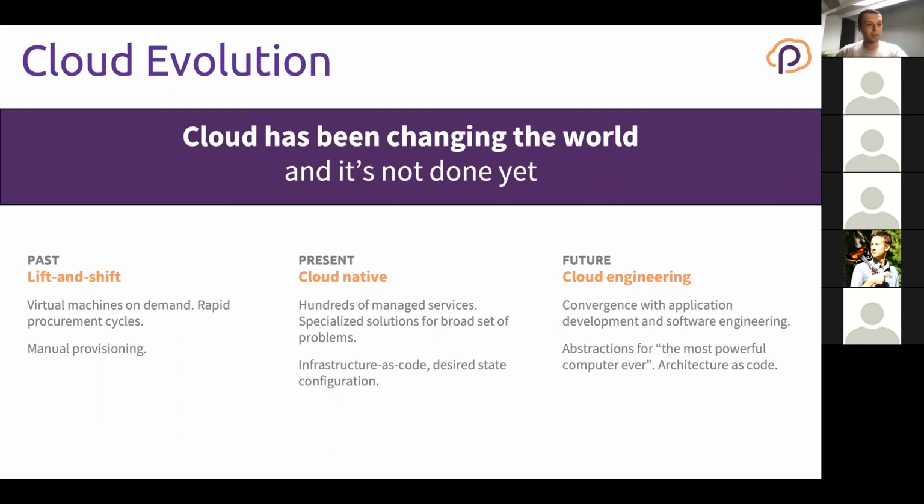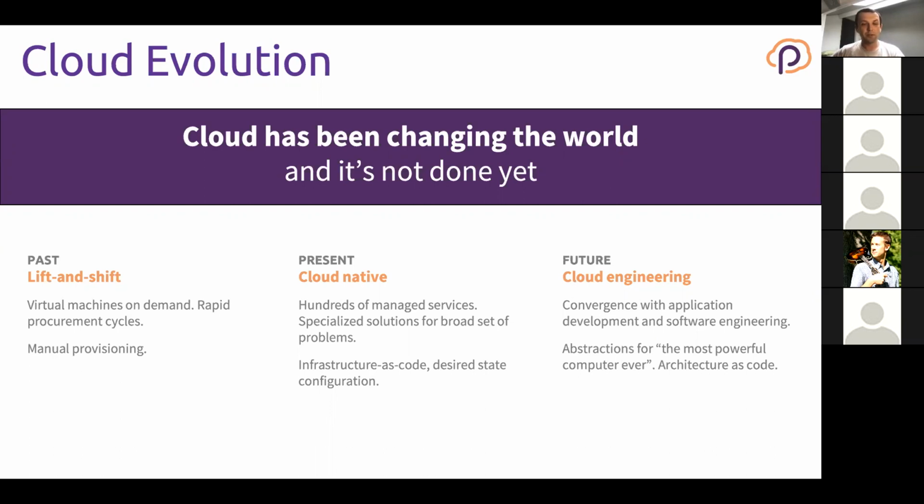And now the whole class of applications called cloud native appeared. The applications are engineered from day one for the cloud and take advantage of the cloud elasticity and the diversity of the managed services. And every cloud has hundreds of managed services and several hundreds of resource types. So it gets more and more complicated to manage all this complexity. And probably this is not the final state of the cloud game, so to say.